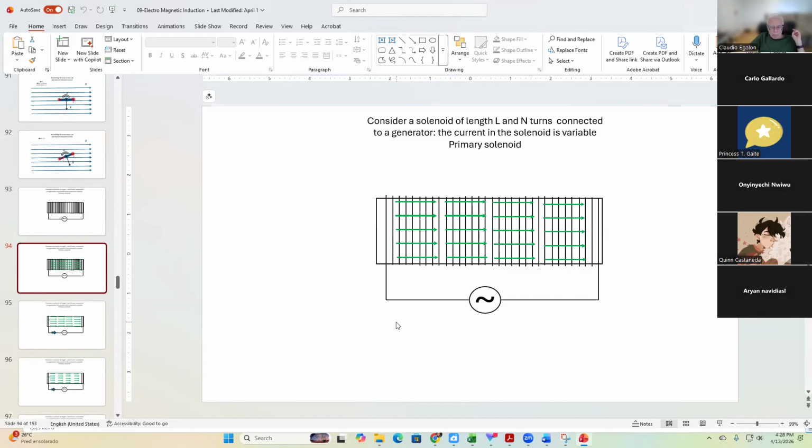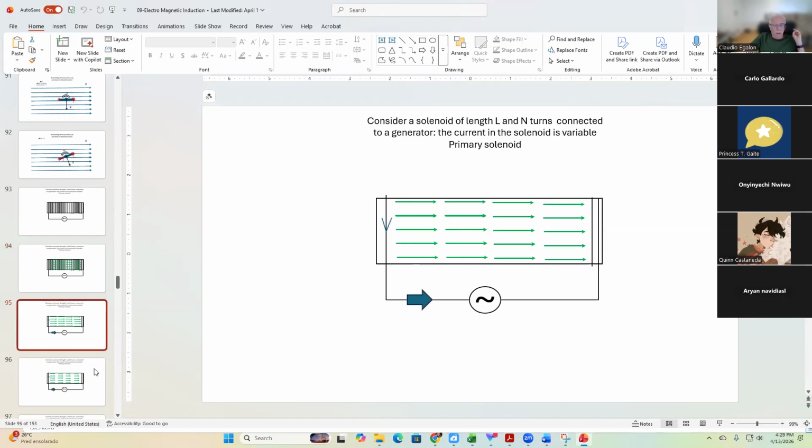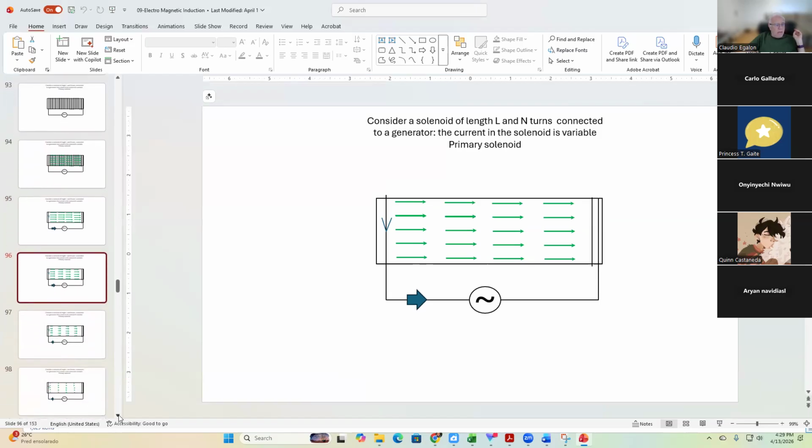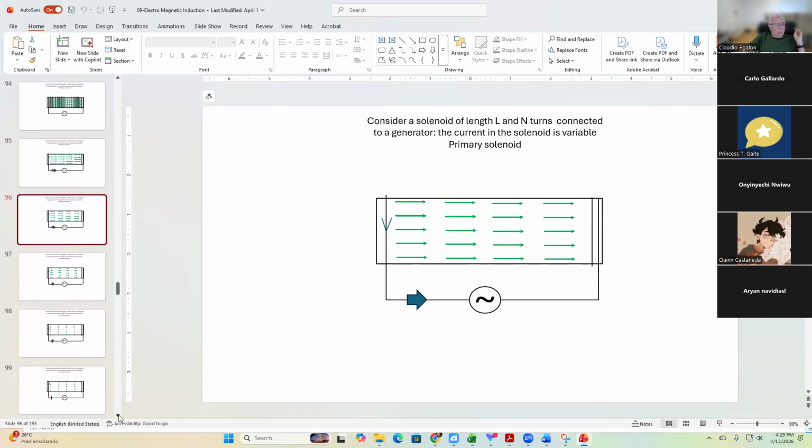But if the current is flowing in the other direction, you do the right hand rule, and the magnetic field is going to point to the right side. Because this thing is a generator, the current is increasing and decreasing as time goes by.